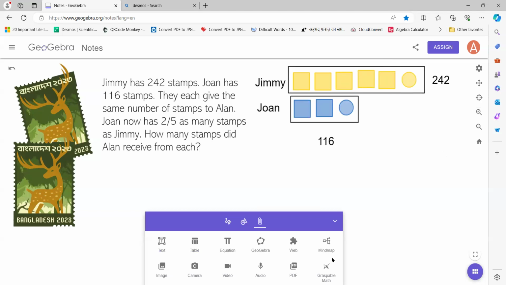So I'm going to take 242 minus 116. I'm getting 126. Let me write it down.